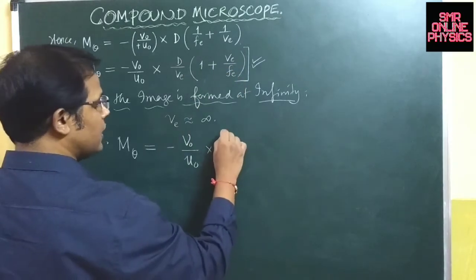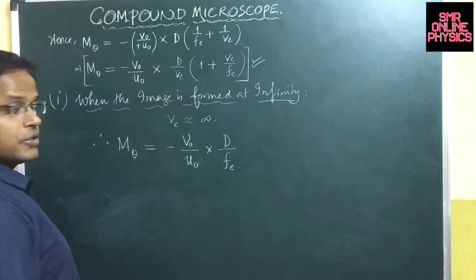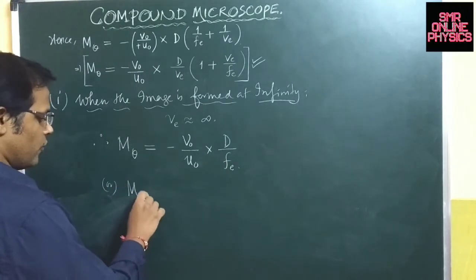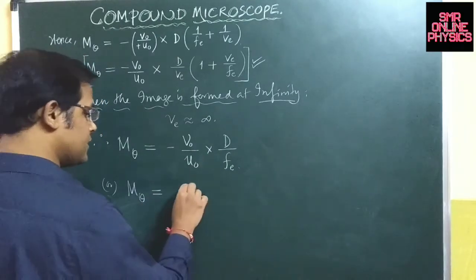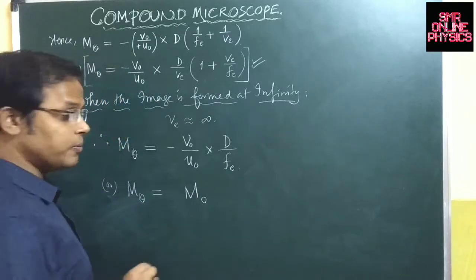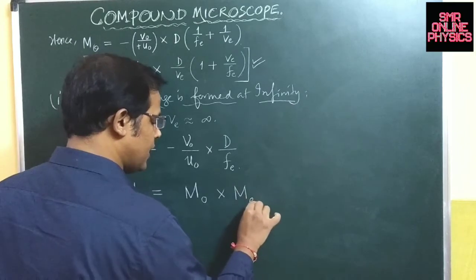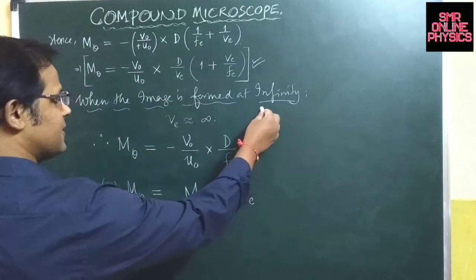So ultimately you're left with D by F. This is also sometimes written as: the total overall angular magnification achieved by a compound microscope is a product of the magnification achieved by the objective multiplied by the magnification achieved by the eyepiece. Great. Okay, that is one case.